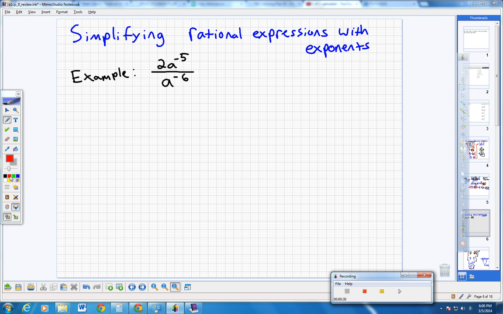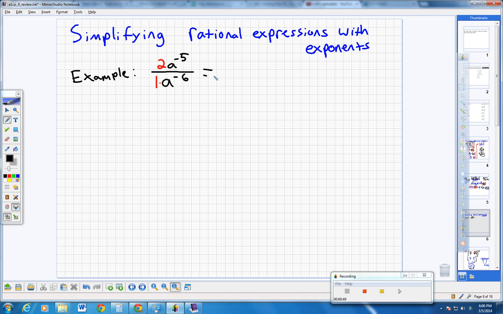What I like to do is I like for the student to look at this as the same as 1 times a to the negative 6th. And we can look at those numbers as part of our rational expression, and then we can look at the variables as part of the rational expression.